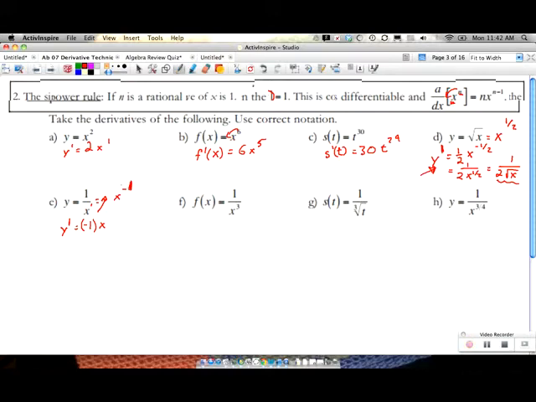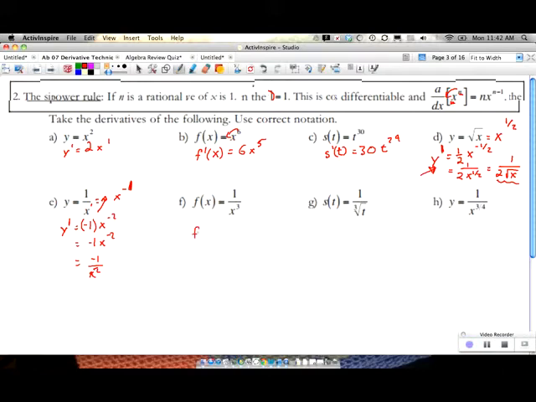Now keep in mind, it doesn't just go 1 lower, because some people think that 1 lower than negative 1 is 0. But it's not. X to the negative 1, when you subtract 1, that becomes negative 2. So this is going to be equal to negative 1 x to the negative 2. Now if I were to bring that power to the denominator, we'd have negative 1 over x squared.